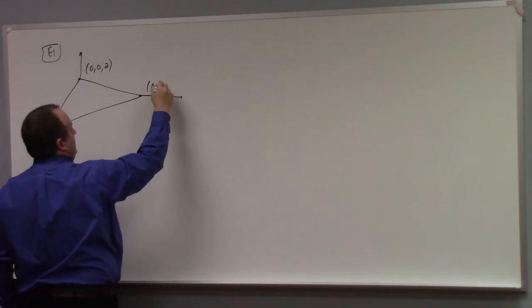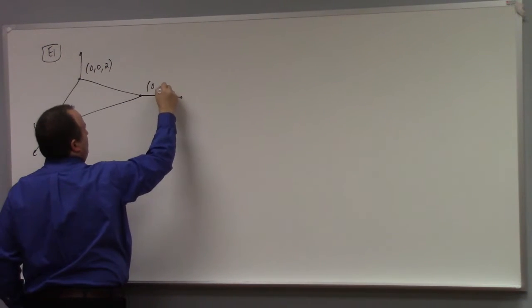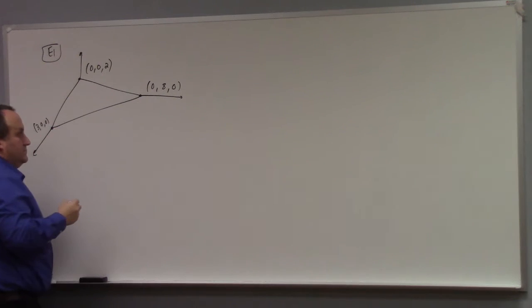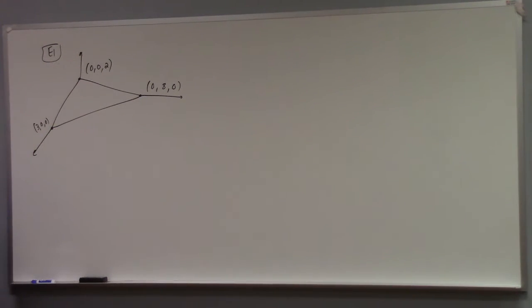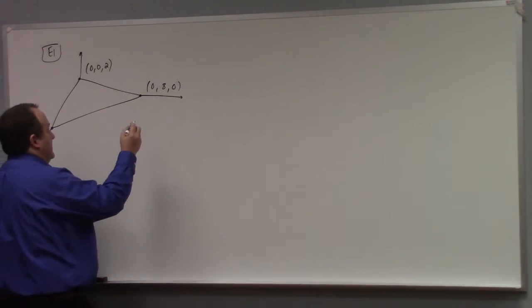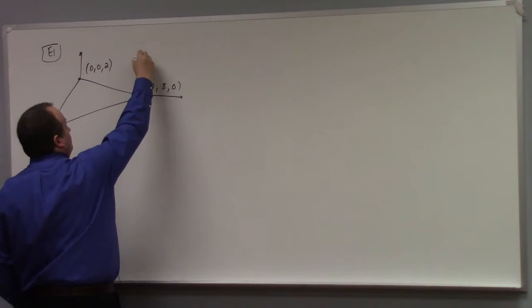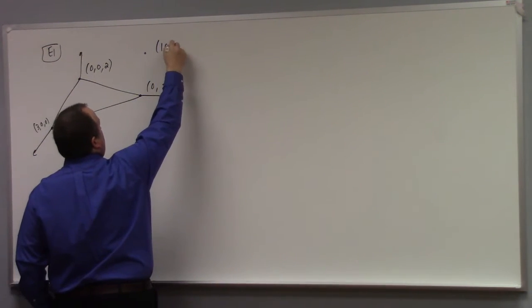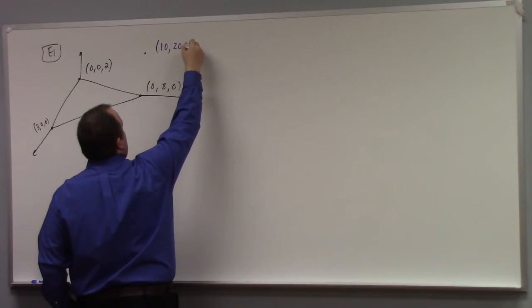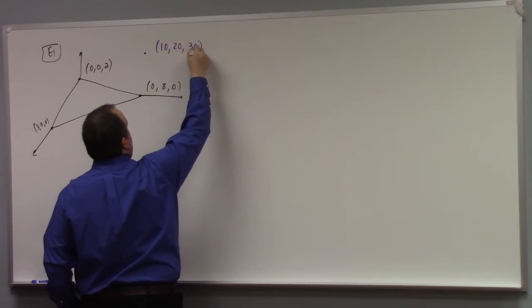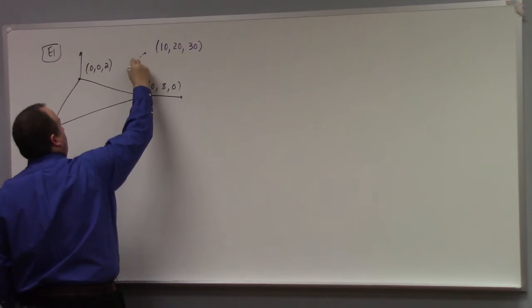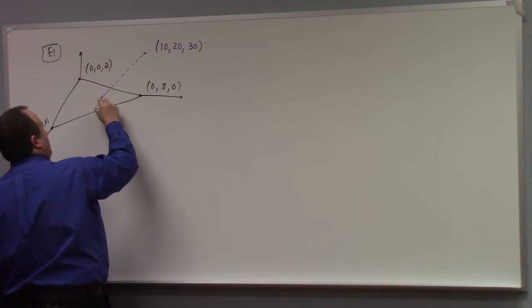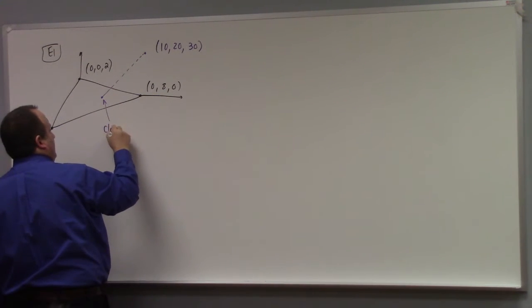And, I don't know, (0, 8, 0). And then my question is, which point on the plane which contains these given points is closest, let's say, to the point (10, 20, 30)? All right, so how do you find the closest point?